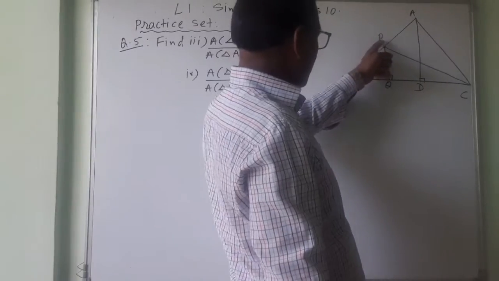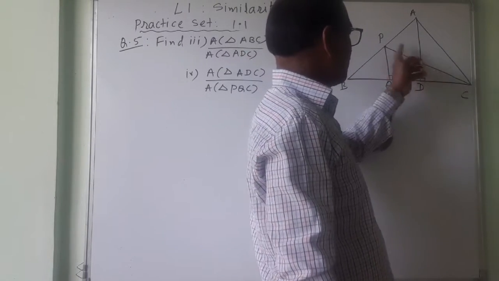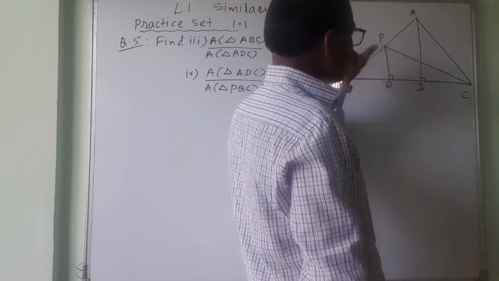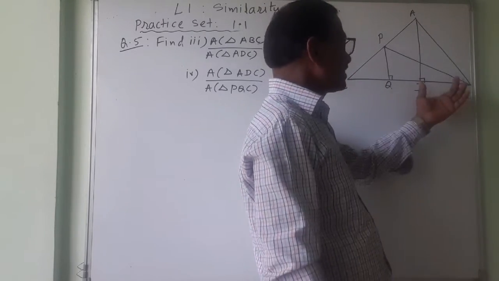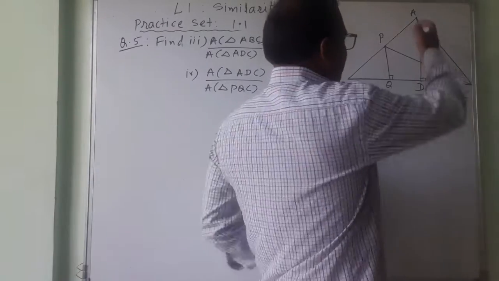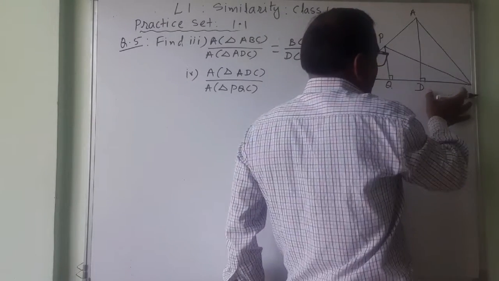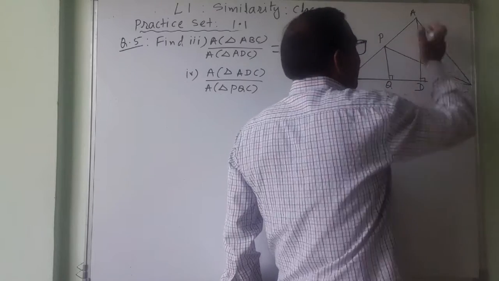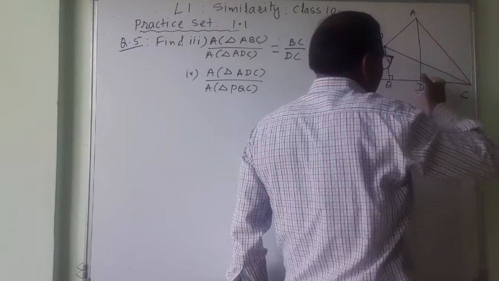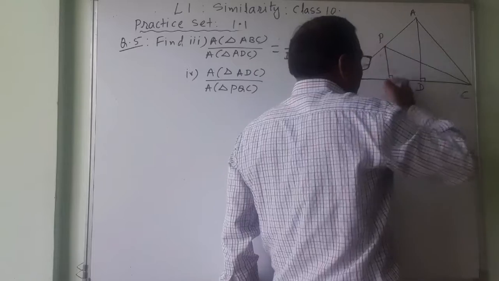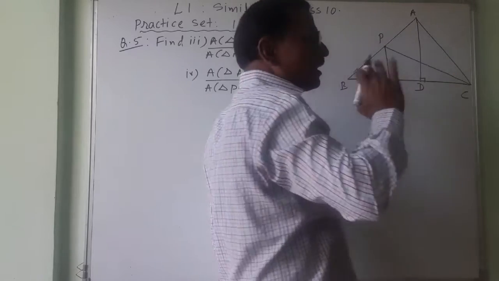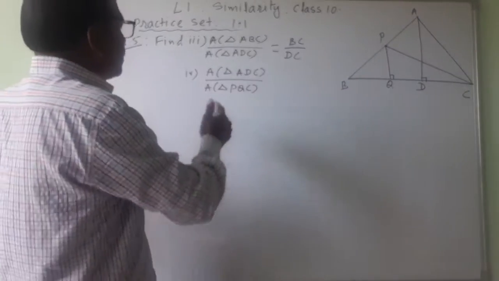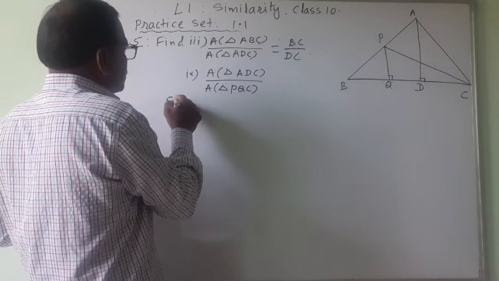In PQC, base is QC and height is PQ. Their bases are different. Their heights are different. So for this I am giving you the solution.